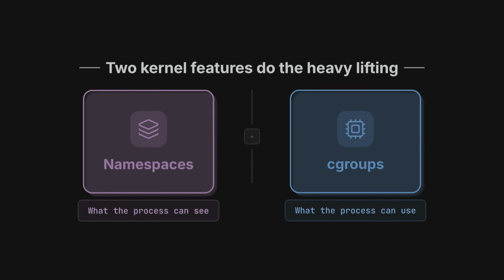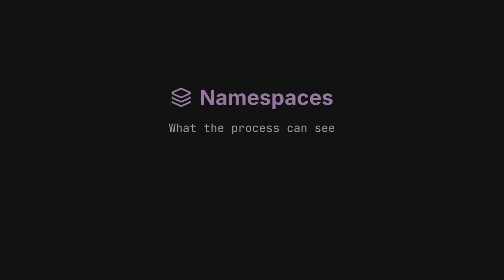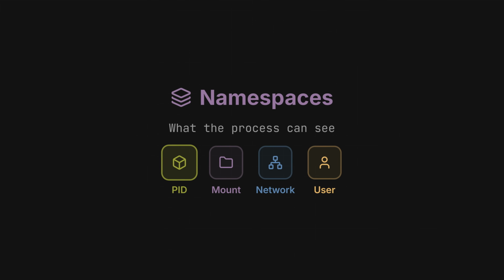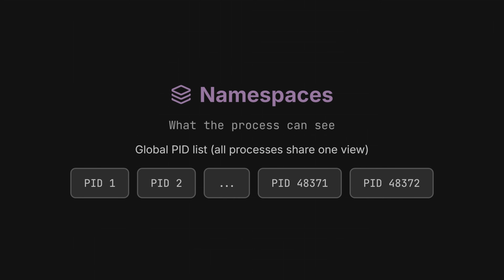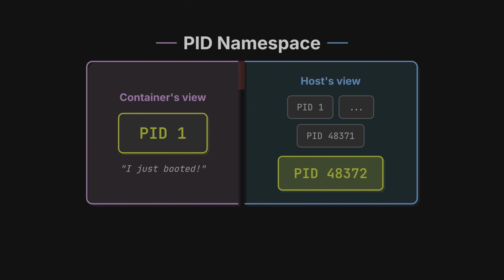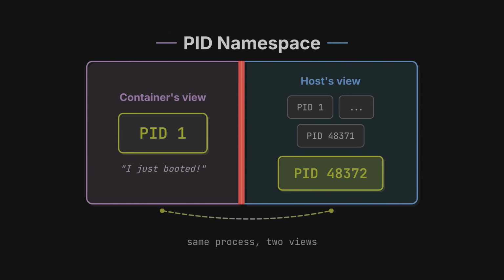2 kernel features do the heavy lifting. Namespaces control what a process can see. The best way to understand them is one at a time. Normally, every process on a Linux machine shares one global list of process IDs. A PID namespace gives the container its own process tree.